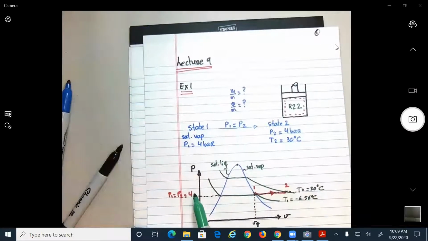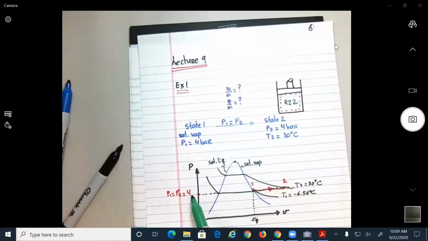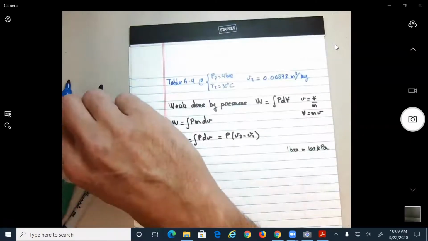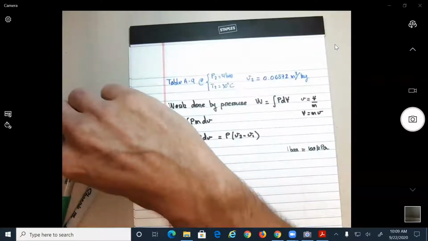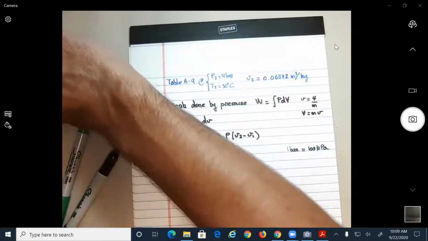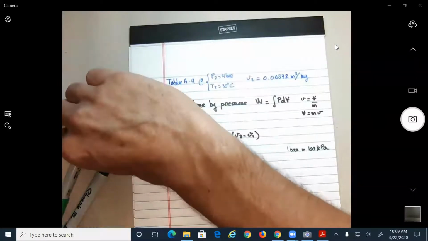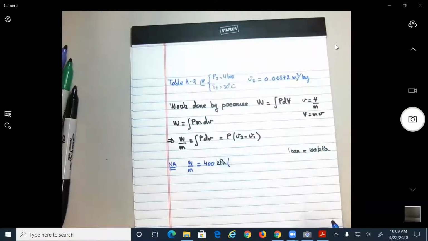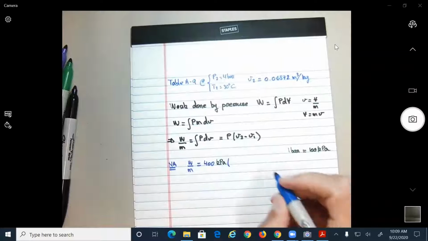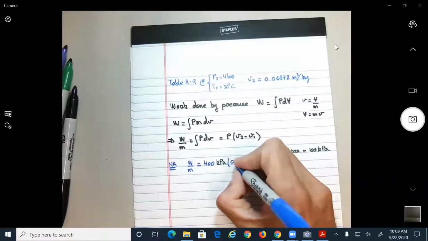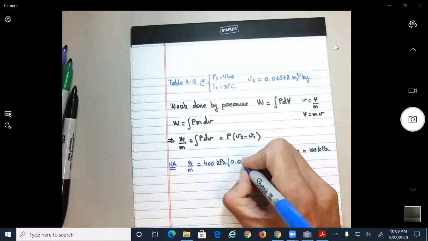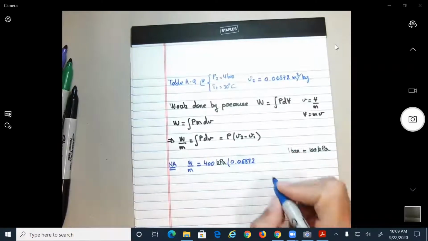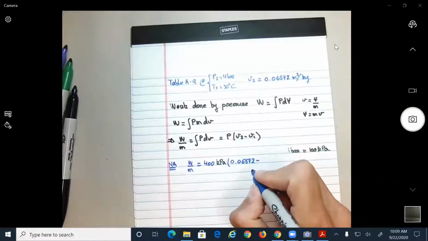So we could say that this will be 400 kilopascals times V2, which we say was equal to 0.06872 minus V1 that we found to be equal to 0.0581.